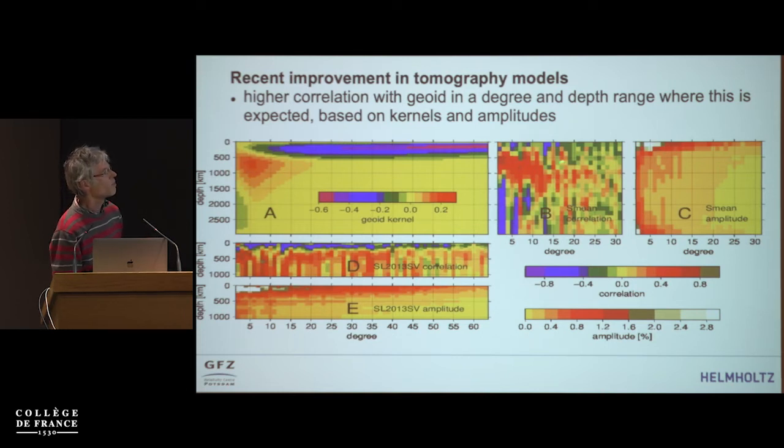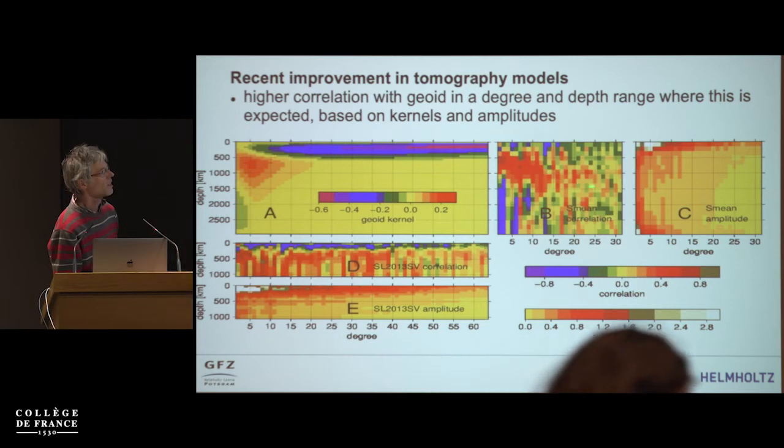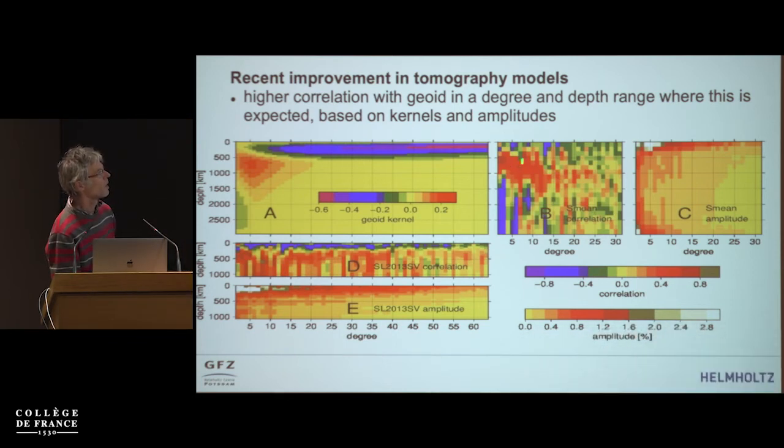And if we compare the correlation of the seismic tomography with the geoid for S mean, you see that there is some good correspondence of this red blob with this one, and this blue with this, and blue here. But for higher degrees, this correspondence disappears. So it seems like at this spherical harmonic degree range throughout the mantle, this S mean model would give a good representation of density variations.